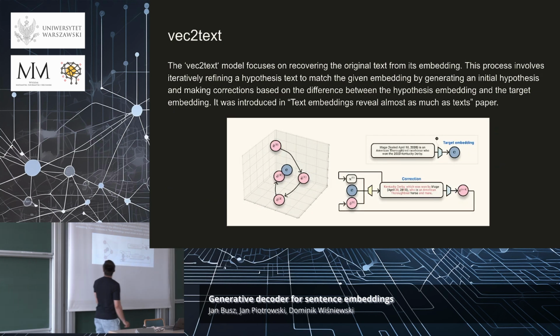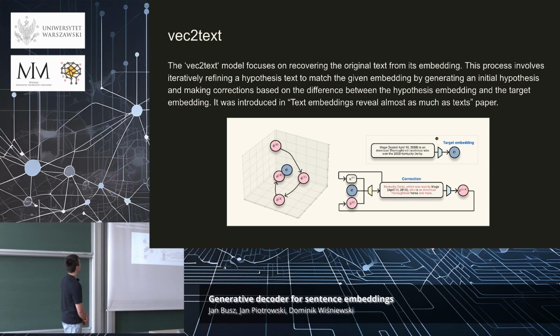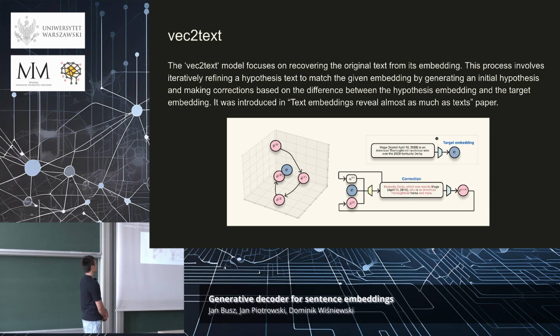Yeah, and the third method we evaluated is not our method. It's from a paper called Text Embeddings Reveal Almost as Much as Text. And this is a very interesting model. What it does is it is trying to find exactly the same thing that we are trying to do, but in a different way.